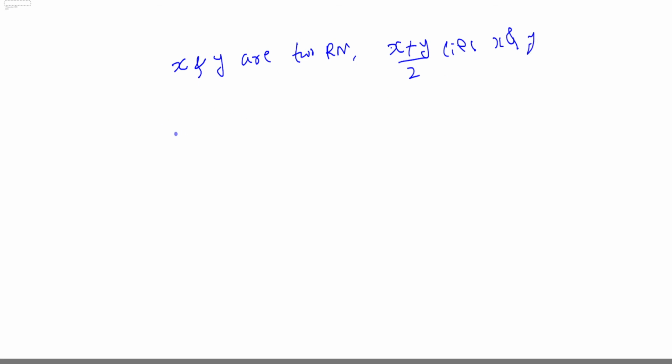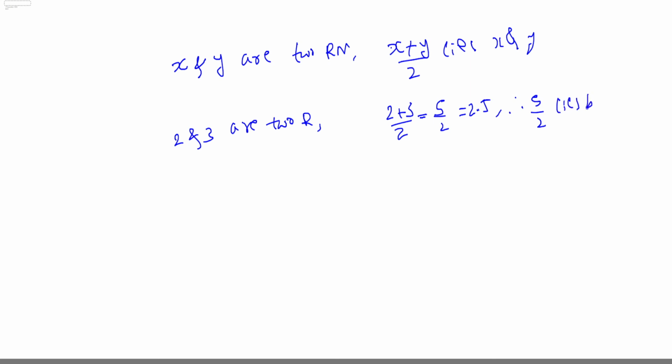For example, if you take 2 and 3, they are also rational numbers. 2 plus 3 by 2 is equal to 5 by 2, that is 2.5. Therefore, I can say 5 by 2 lies between 2 and 3. Again, if you want to find one more number between 2 and 3, you can take 2 and 5 by 2.